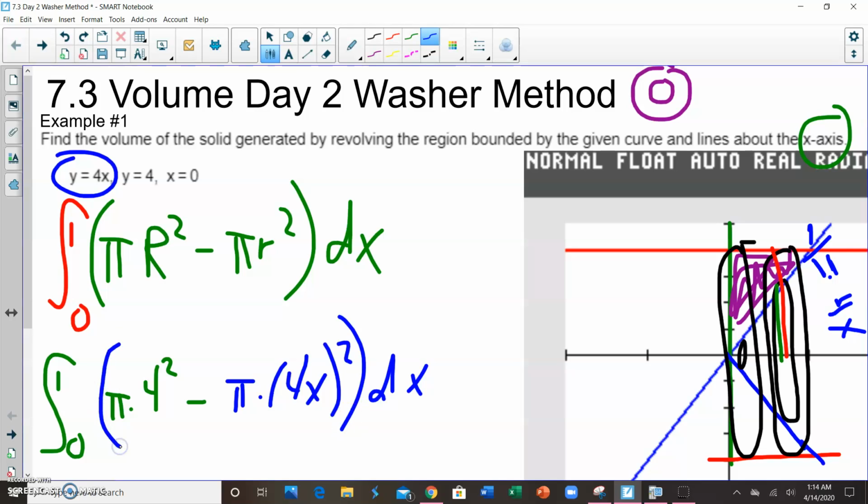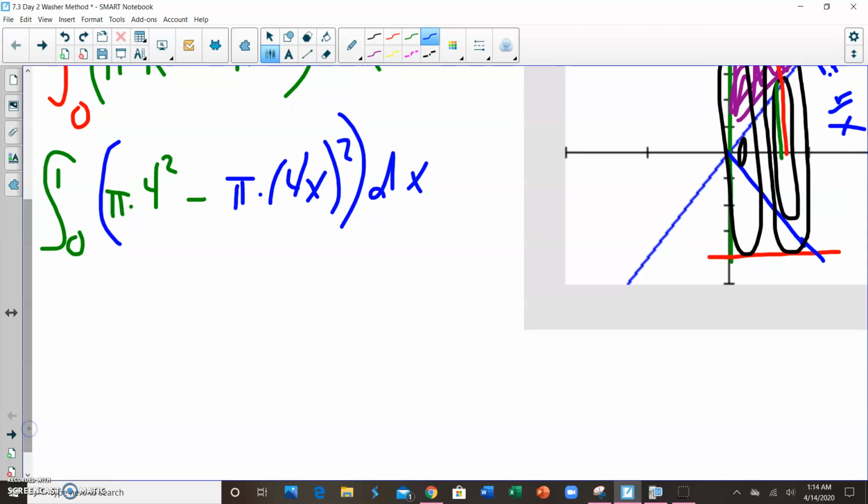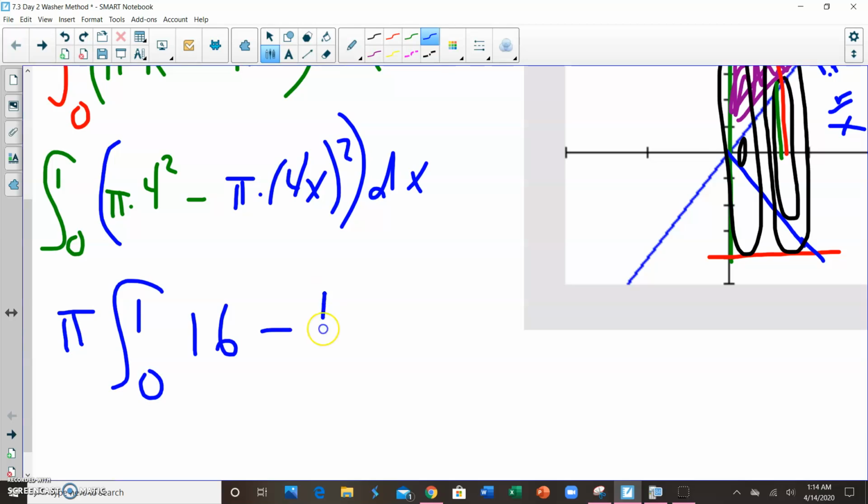Because they want it in terms of pi, and you want to be able to use your graphing calculator, I would factor the pi out. You're going to go from 0 to 1. 4 squared is 16 minus 4 squared is 16 x squared, so 16 x squared dx.